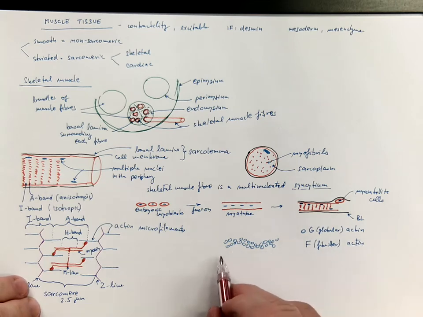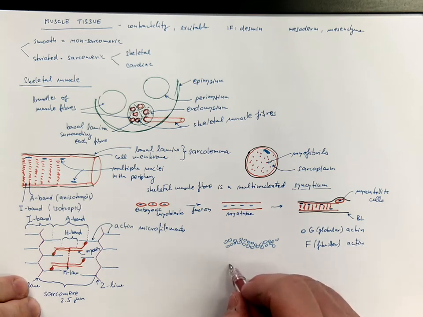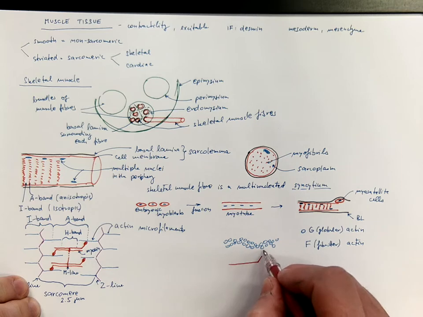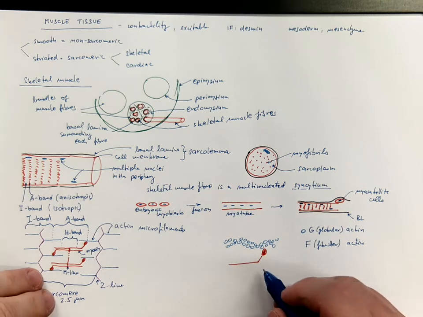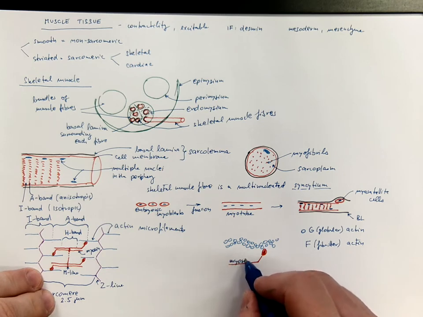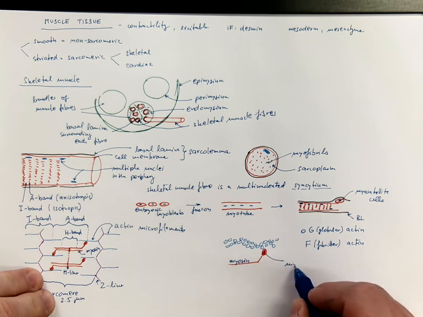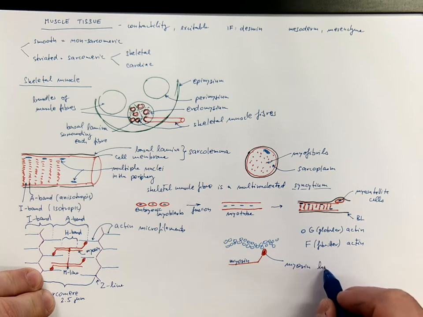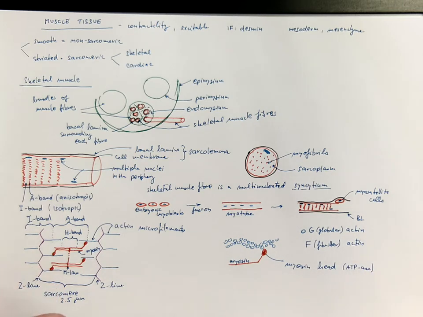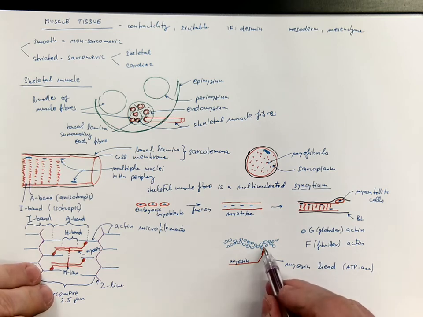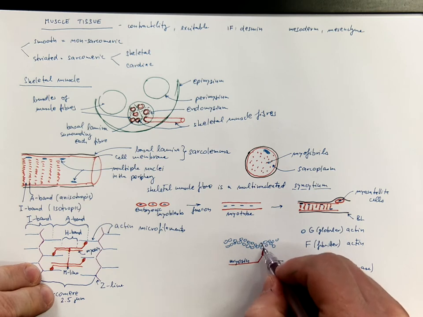Actin, the F actin, has binding sites for the myosin head, which has an enzymatic activity of an ATPase. However, the binding of the myosin to actin is blocked.